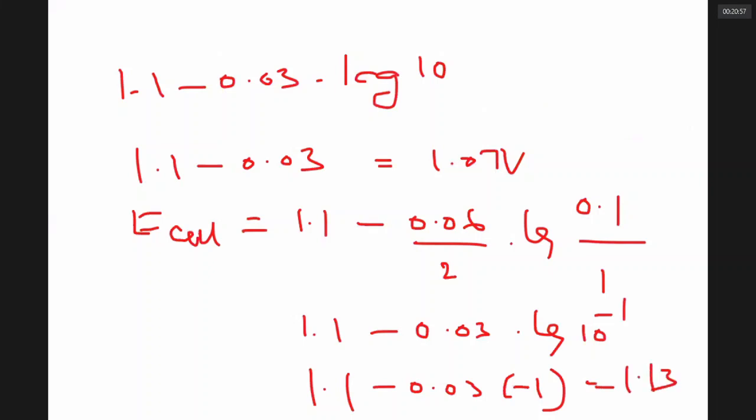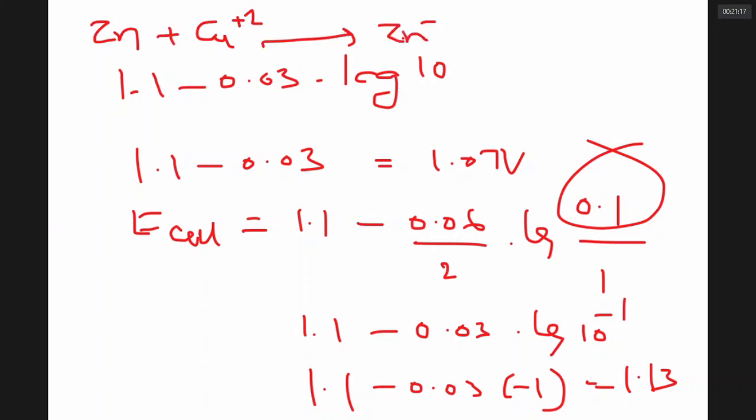It is definitely to be understood that whenever I am decreasing the product ion concentration, voltage will go up. Whenever I increase the reactant ion concentration, voltage will go down. In the cell, this is the starting material that is reacting. This is the reactant ion. This is the product ion.